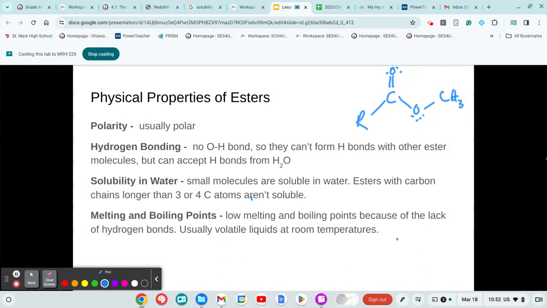No. So they don't have hydrogen bonding with themselves. They will form hydrogen bonds with water. Again, the small ones are soluble in water. As they get bigger, they become less and less soluble. And they again have higher melting points than alkanes, but lower than carboxylic acids or alcohols.